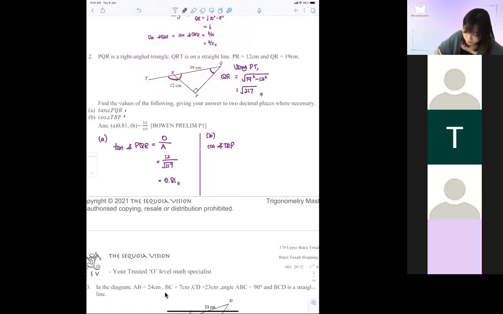You must write down first. Cosine TRP is minus cosine QRP. Only for sine, don't need to put the negative, remember. So it's minus, cosine of this is A over H. So 12 over 19. That's it.